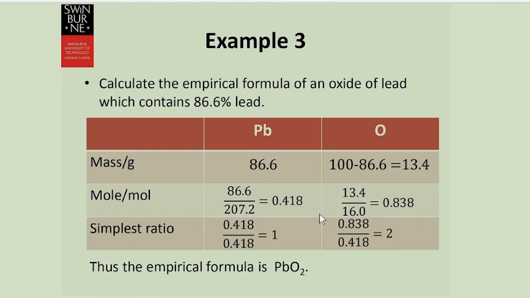Among these two, 0.418 is the smallest number. 0.838 is bigger than 0.418. So we divide both fractions by the smallest number, that is 0.418. So of course it will be 1, and the other will be 2.